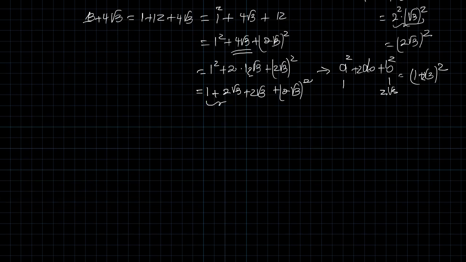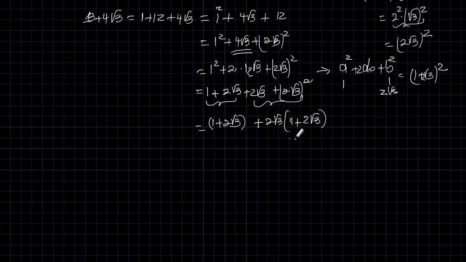So I'm going to factor this and this with this, and this is what I have: 1 plus 2 square root of 3 in brackets, and here I'm going to take this as a common term, plus its square, and I'm left with 1.